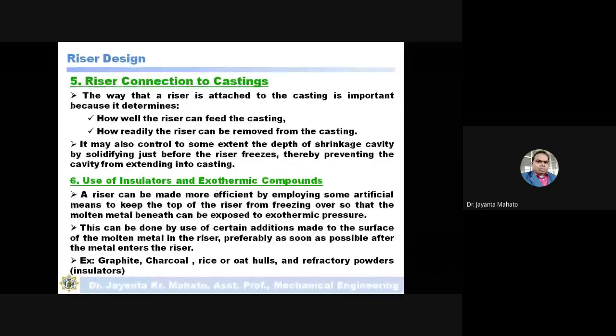Okay, and by employing some artificial means to keep the top of the riser from freezing over, the molten metal can be exposed to exothermic pressure.